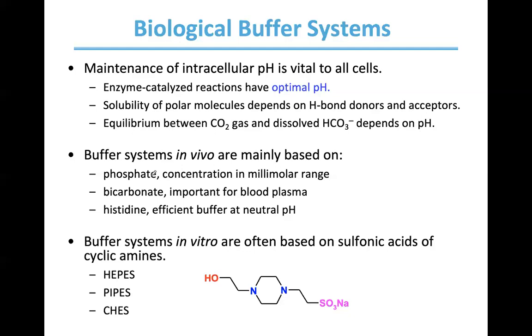So carbonic anhydrase has an optimal pH it works at. All right, so here, in vivo systems. Remember, in vivo means in living systems. In living systems, there are phosphate buffer, bicarbonate buffer, and we also learned about histidine buffer, which is one of the 20 amino acids we're going to talk about in the next chapter.